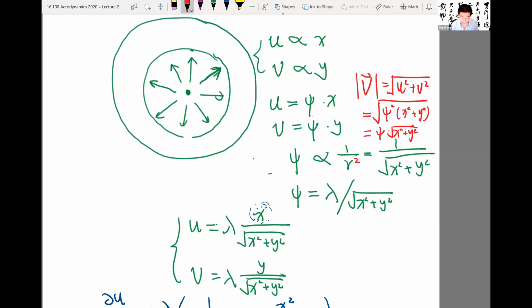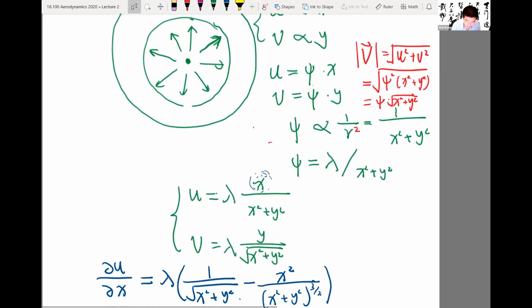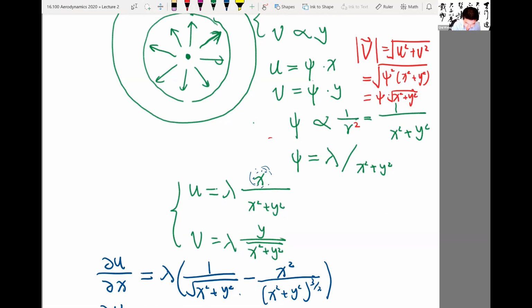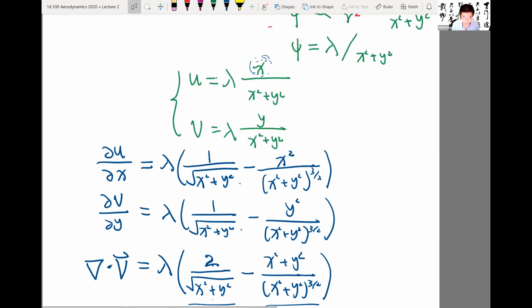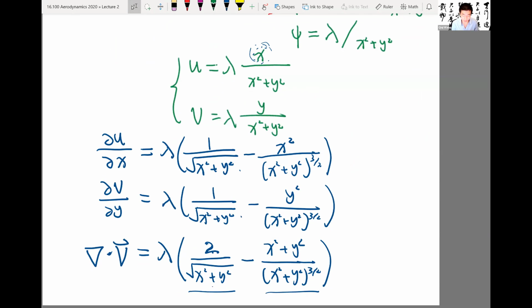So that's why the multiplying term should not be proportional to just 1 over r, but proportional to 1 over r squared, and the square root has to be removed. Now, once you remove the square root, here's what we get. u should be lambda times x divided by x squared plus y squared, and v should be lambda times y divided by x squared plus y squared.